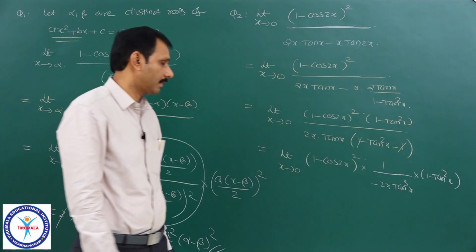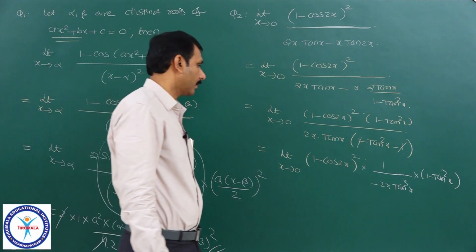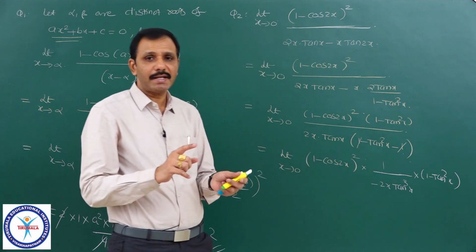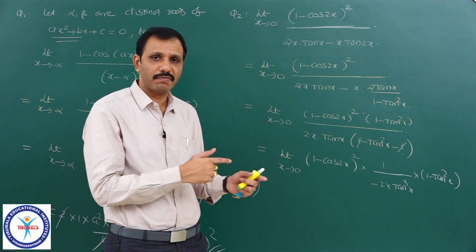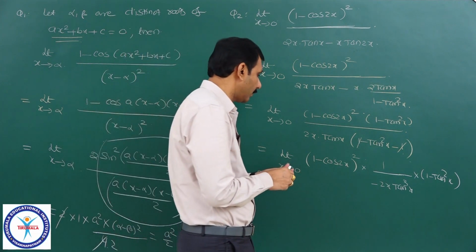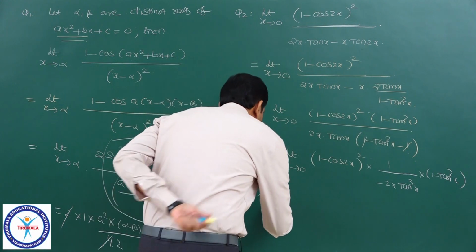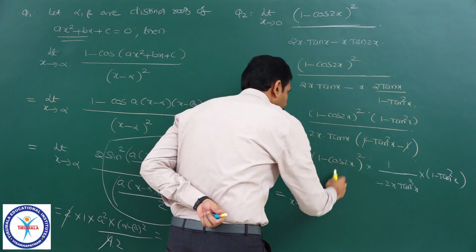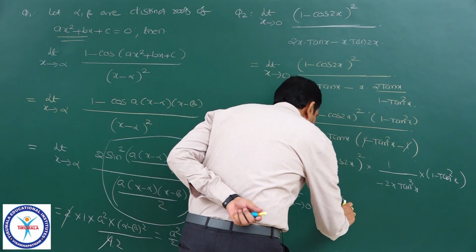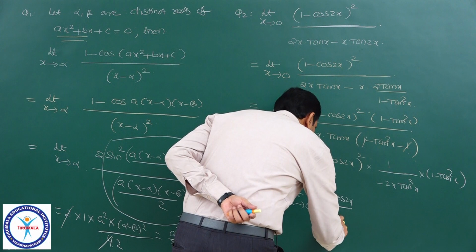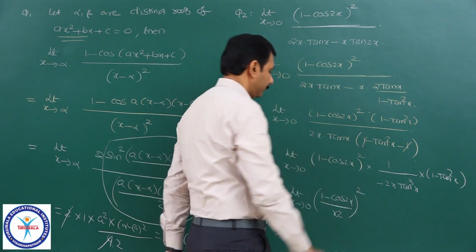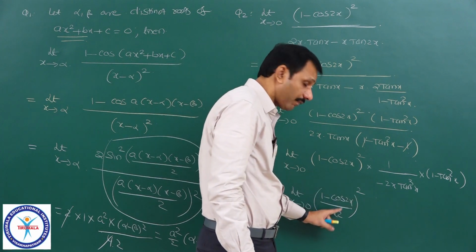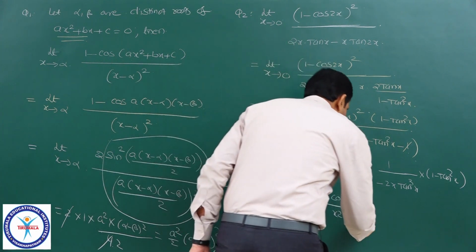Observe this. 1 minus cos 2x, 1 minus cos x by x square, means we can evaluate that limit. Therefore, what I will do here, you see. I will write it as limit x tends to 0, 1 minus cos 2x by x square whole square. So, how many x terms did I write? X power 4 is there here. That has to be compensated.